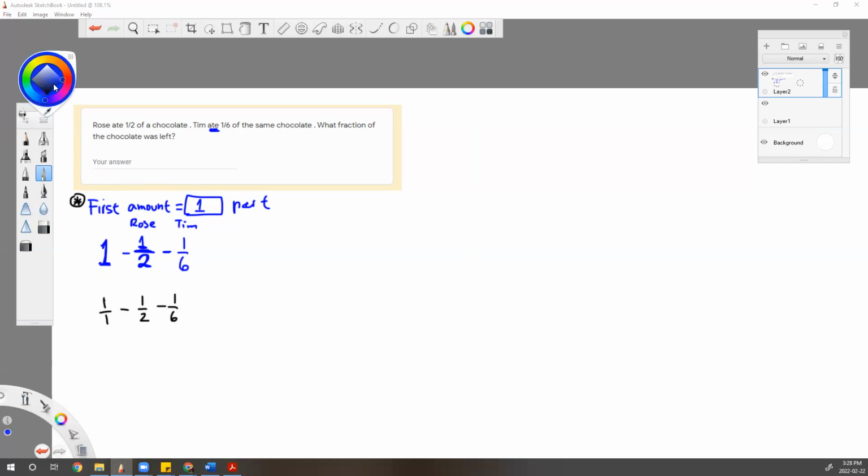And you have to multiply with a certain number that can give you the same denominator, 6. 3, right? And nothing to do with this, or just multiply by 1. So over 6, right? So 6 subtract 3, subtract 1. So 2 over 6. Or if you want to simplify, you divide by 2, 1 over 3. That is the answer. Okay.